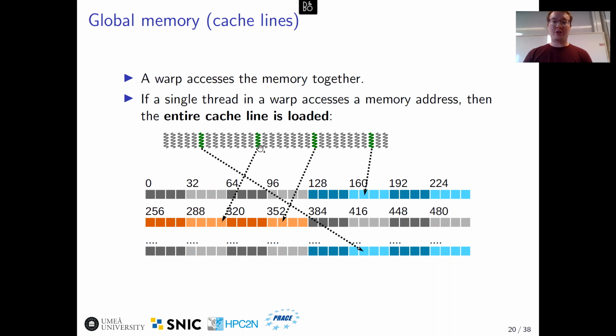When one thread in a warp accesses a memory location, it causes the memory controller to fetch the entire cache line, which can lead to problems. For example, here you can see that we have these 4 threads active, and they will end up accessing the memory in a very random pattern, and therefore it is going to load all 3 cache lines to the cache. This is not efficient if it turns out that you just need this one byte here, and this byte, and this byte, and this byte here. You are fetching way more from the memory than what you would actually need.